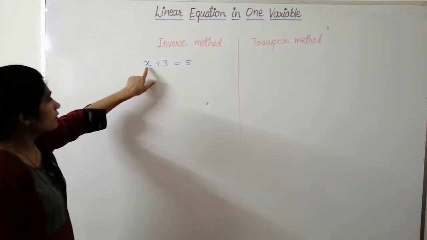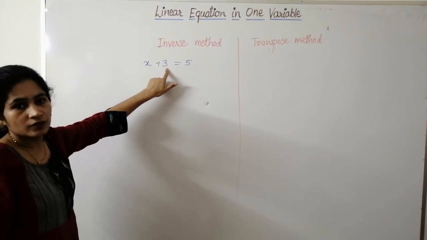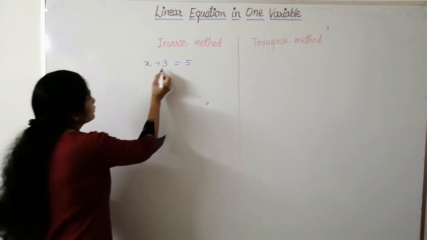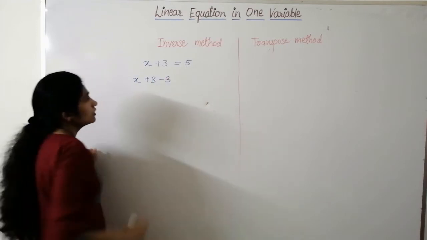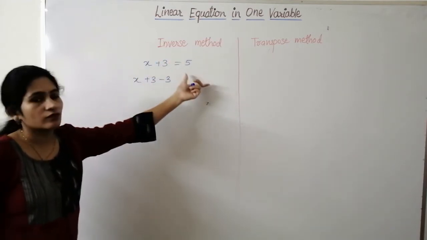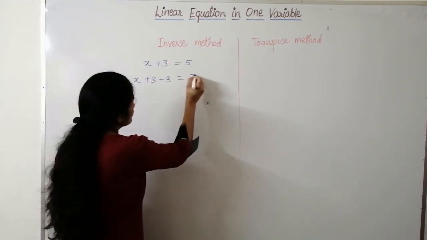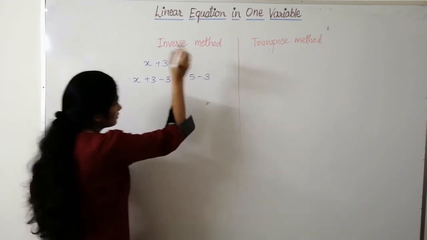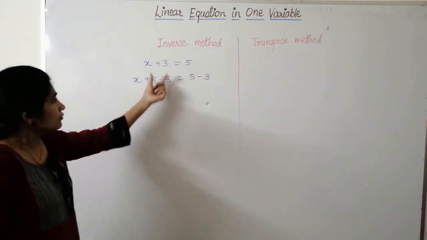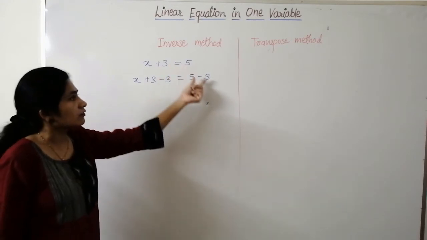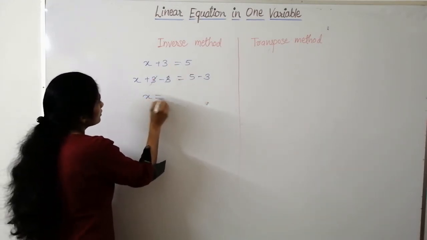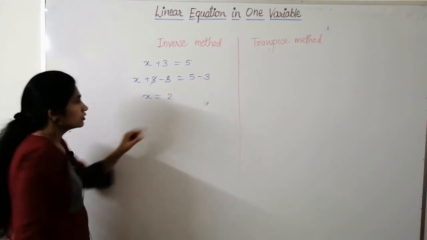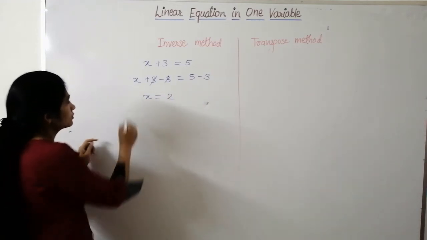So in order to find the value of x, we have to eliminate 3. So in order to remove 3, we have to subtract 3 from left hand side and also from right hand side so that the equation remains same. Okay. We have subtracted 3 from LHS and from RHS. This 3 will get cancelled. So we will get x is equals to 2. 5 minus 3 is 2.